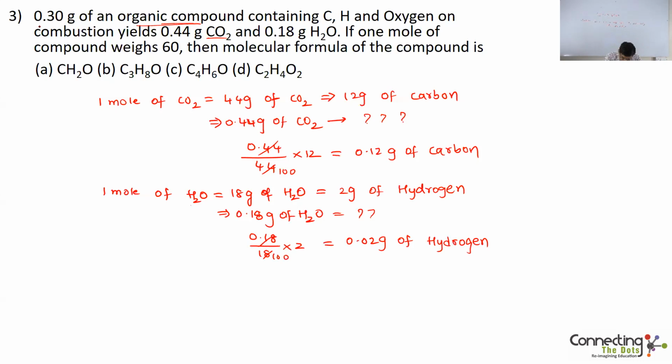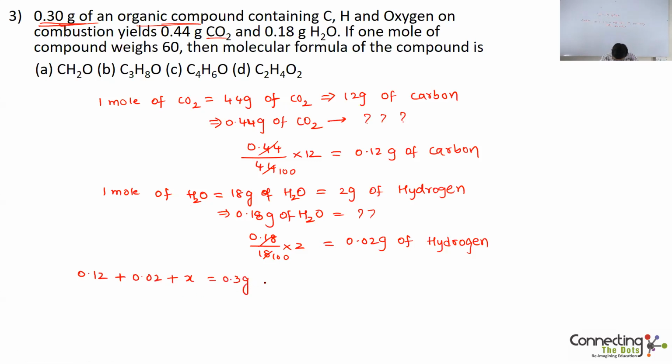So the total mass of the organic compound is 0.3. We know carbon, we know hydrogen. Obviously if you subtract carbon and hydrogen from 0.3, you will get the amount of oxygen present in the sample. So let us do that. Total is 0.3, so carbon is 0.12 plus 0.02 plus X, that is for oxygen, equals 0.3 grams.